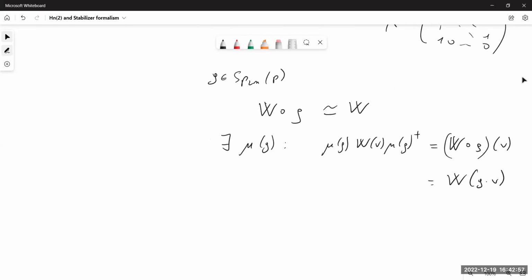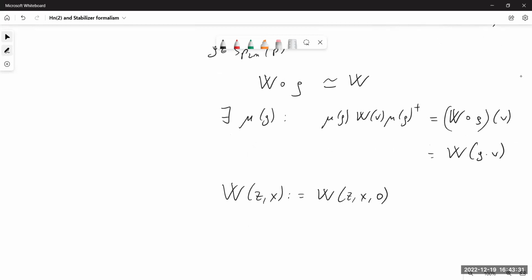I just want to finish the discussion about these operators, and then we switch to the qubit case. The first thing that I want to say is that we can obtain projective representations of the discrete phase space, and namely, we just need to find the operator W of (z, x), which is just W of (z, x, 0).